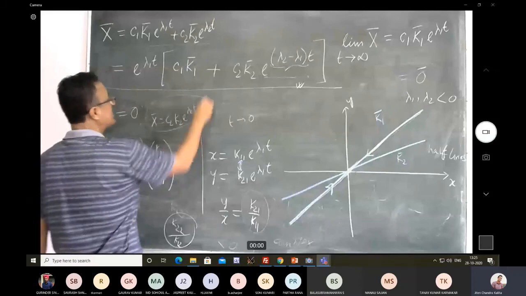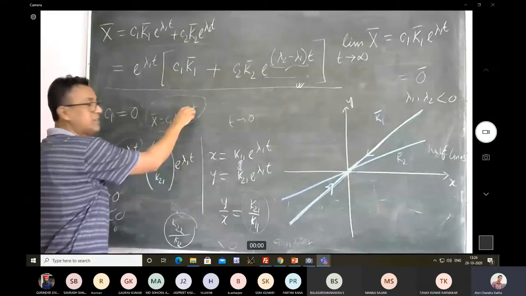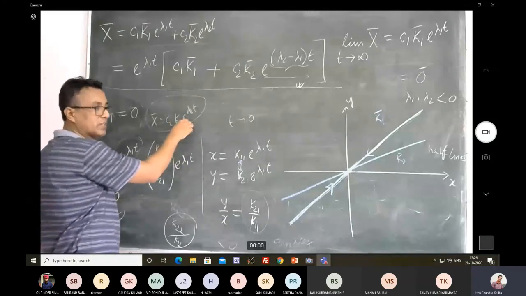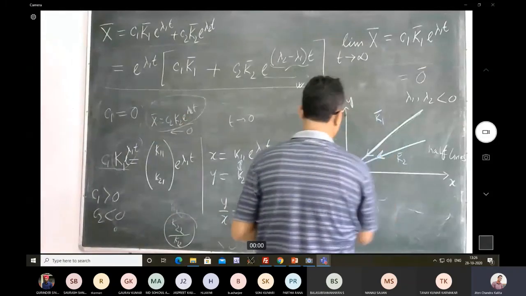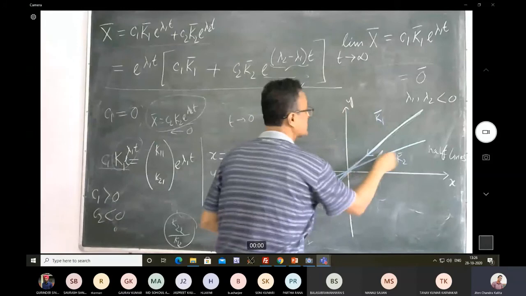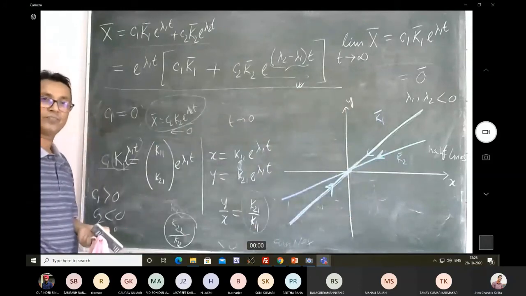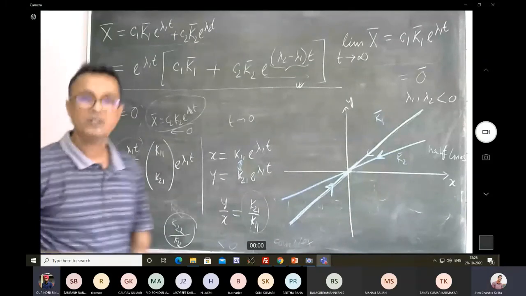So in that case, again, because lambda 2 is negative, this is going to approach 0 as t tends to infinity. So that is why your K2 is also going to have an orientation like this. Is it okay with everybody so far?